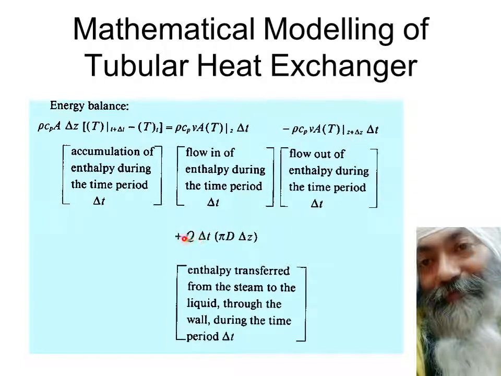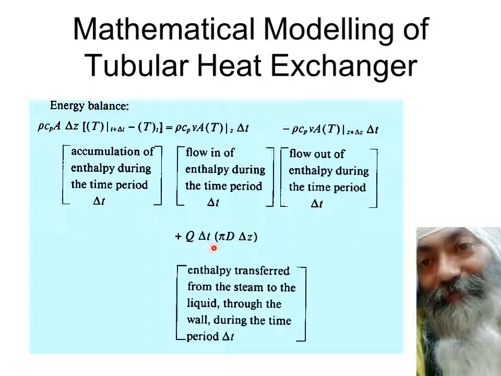Plus whatsoever is being transferred by the steam, this is Q. Q is the amount of heat per unit time per unit area, and that has to be multiplied by the area.